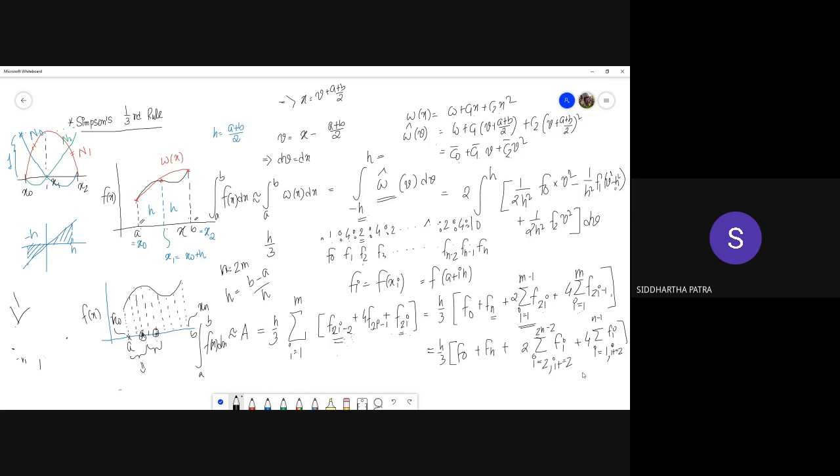I don't know how to write that with a summation sign, but this is how it is supposed to change.